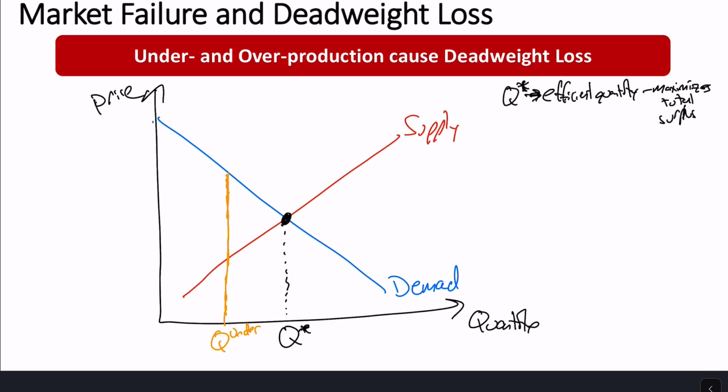Just that it's happening. Okay. That means we're only going to sell up to that quantity, that Q under. And so for our surpluses, the total economic surplus, right, is everything below demand, above the supply curve, up until the quantity that is actually sold. And so here we're talking about up to here.